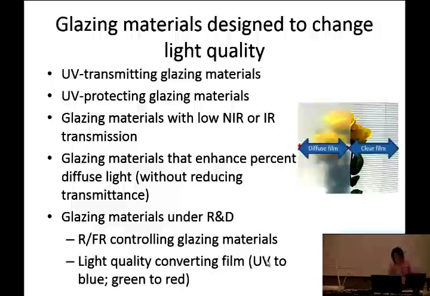All right, and then there are some studied red and far-red controlling glazing, enhancing either the red or far-red to get some special plant response. Okay, and then there is some light converting film. There's a pigment that absorbs one kind of light and then emits a different color. That's also available, but I would still say it is under R&D status rather than commercial.